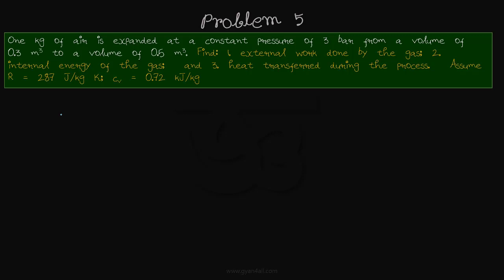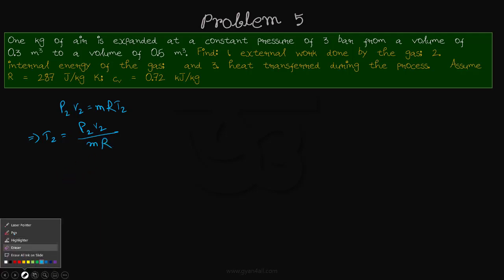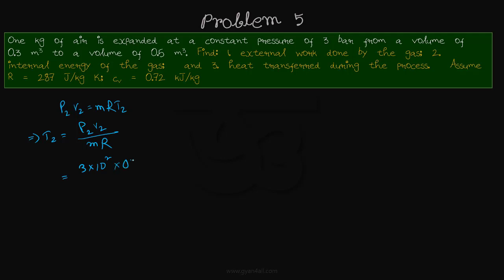Also in this problem we have to find out the temperature T2. So for that temperature T2 we can use the same formula at point 2. P2 V2 is equal to mR T2. So T2 is equal to P2 V2 divided by mR. So the pressure at point 2 is the same, 3 into 10 to the power 2, multiplied by volume 0.5 meter cube, and divided by m equal to 1, R equal to 0.287.